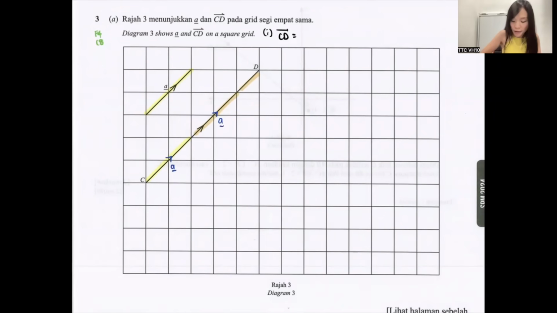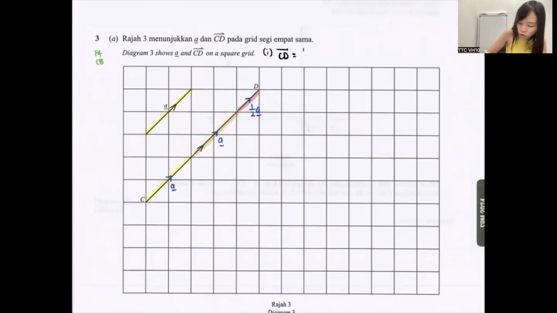This one is another 1a. But this top one here, let's put a red color for you. You realize this red one is half a, correct, my dear? So in total what is it? 2.5a. So you just need to write 5 over 2 a. For those who want to write 2.5a, also can, doesn't matter.